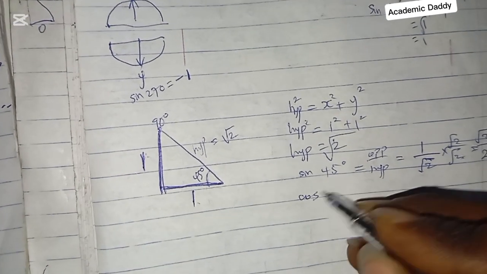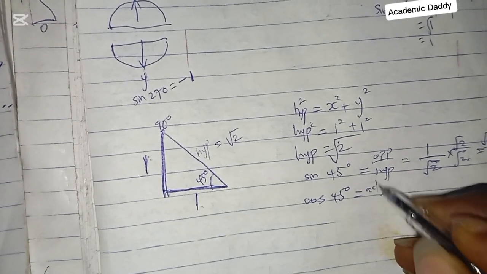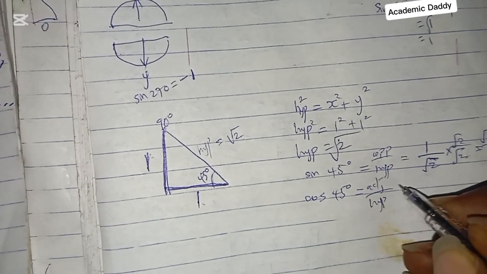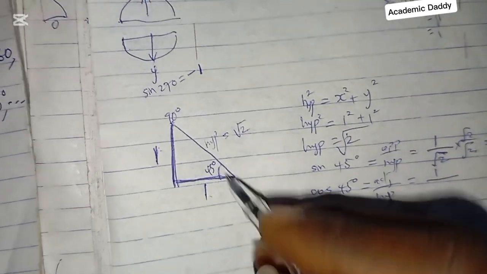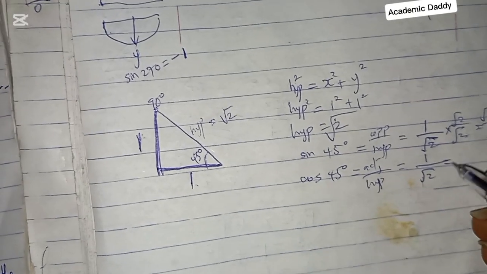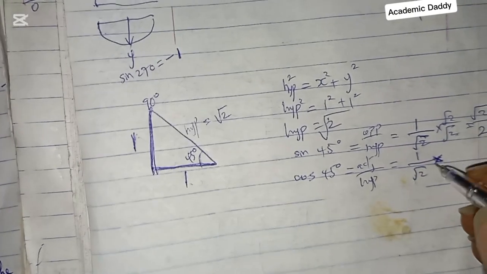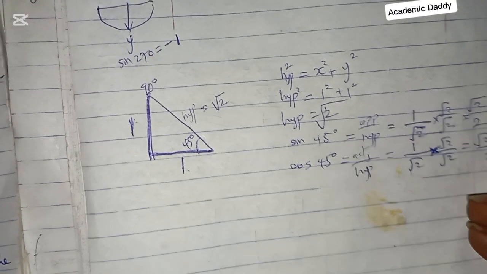Now what of cos 45? Cos 45 is, cos means adjacent over hypotenuse. So adjacent here is 1 over hypotenuse root 2, times it so that you get times root 2 over root 2, which is the same thing as saying root 2 over 2.